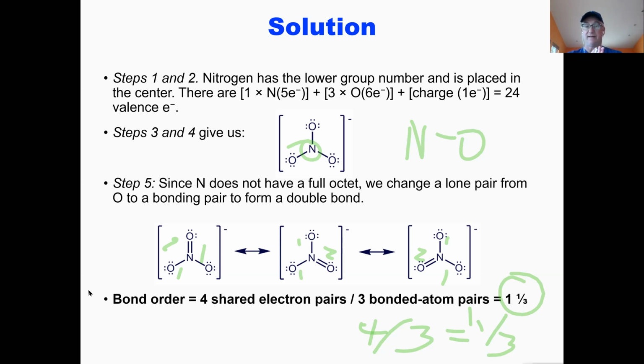Well, in this instance, there's 4 of them: 1 double, that's 2, and 2 singles, that's a total of 4. So there's 4 pairs of bonded electrons in these 3 regions where bonds go. And so the average is 4/3, and that's our bond order here. So any questions about bond order? I want to make sure that you understand this. This is going to come up fairly frequently.